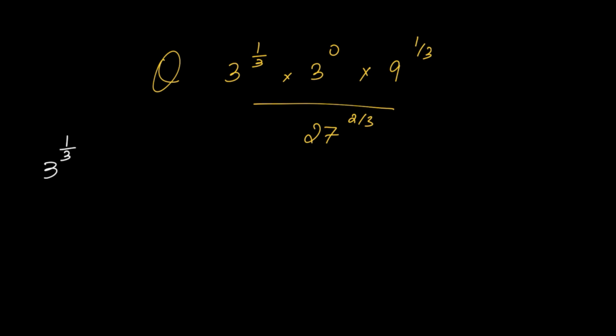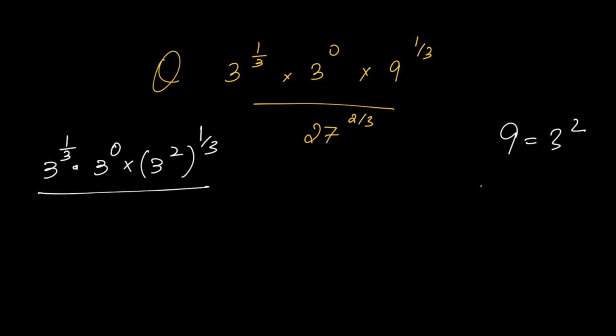So 3 to the power 1 upon 3 into 3 to the power 0 into 3, because 9 is 3 squared, we can take this as 3 squared, and to the power 1 upon 3. And because 27 is 3 to the power 3, we can also take this as 3, and this has the power 2 upon 3.